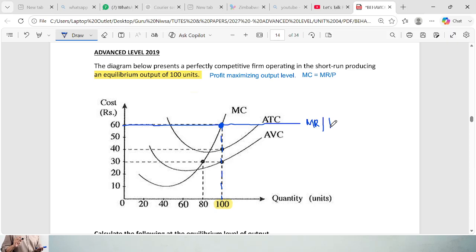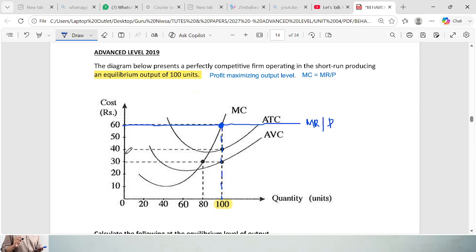That means if 100 is the profit maximizing output, MR equal MC must touch at 100, so the MR curve intersects there. Clear? So marginal revenue should be 60 rupees, or the price of the product should be 60 rupees. Did you get what I said?